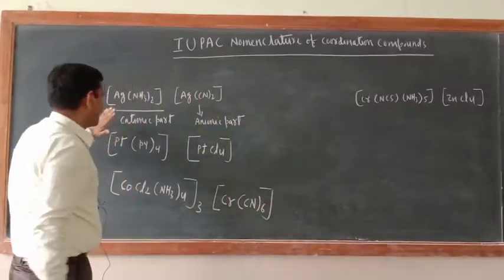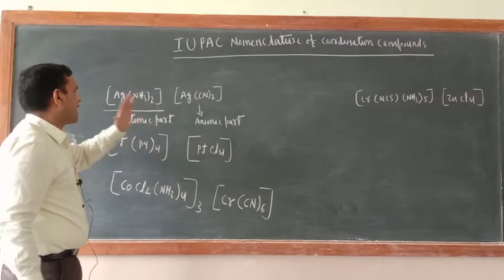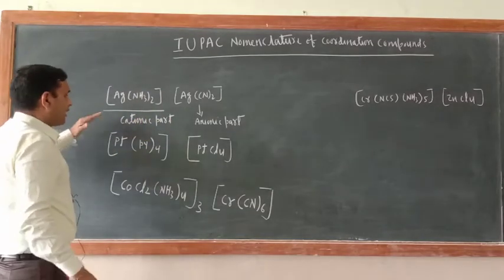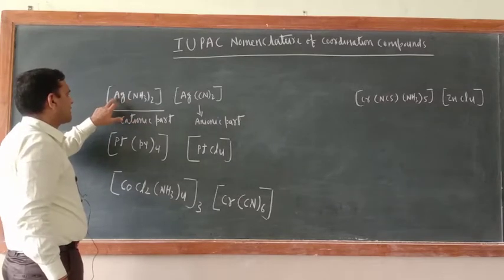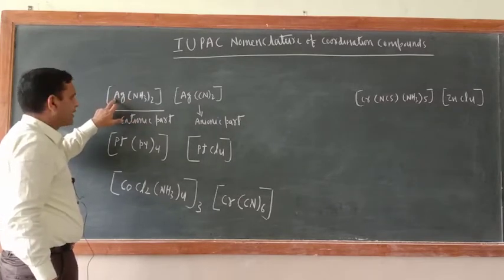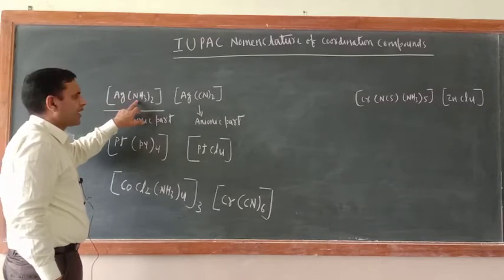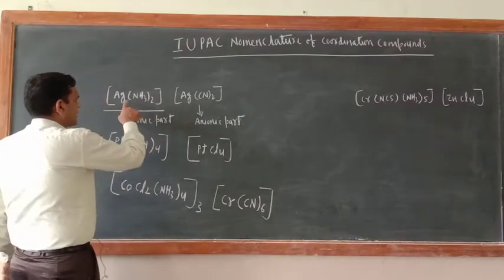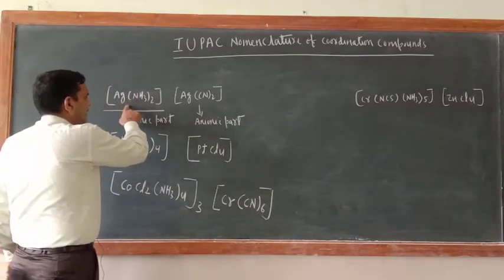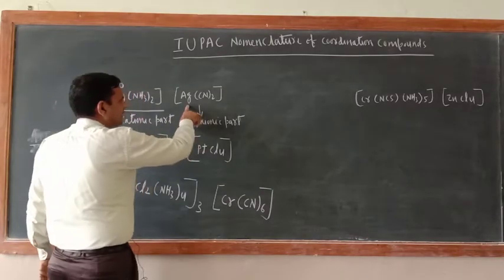Now, you have segregated which is the cationic part and which is the anionic part. If you calculate the oxidation number of this silver, this is a neutral ligand, this is a neutral ligand. So what is the oxidation number of silver here? 0. What about the oxidation number of this one?